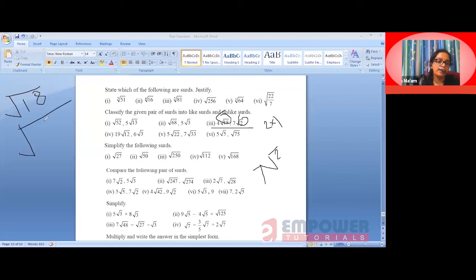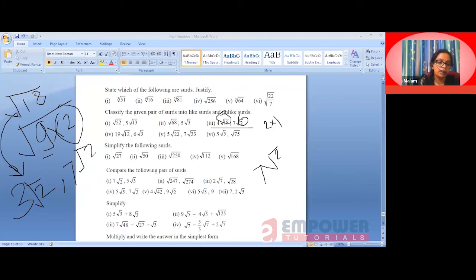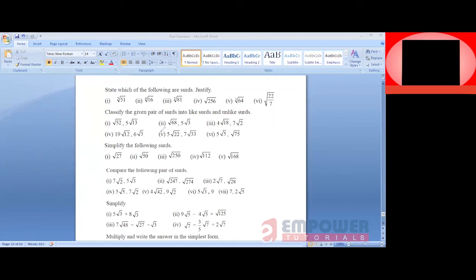I will write 9 into 2 because I know 9 is a perfect square and I want root 2. So this will be 3 root 2. So I can write root 18 in this form, right? And the second number is 7 root 2. Now I can say these are like surds. So this is how you have to solve. Now tell me the next one.